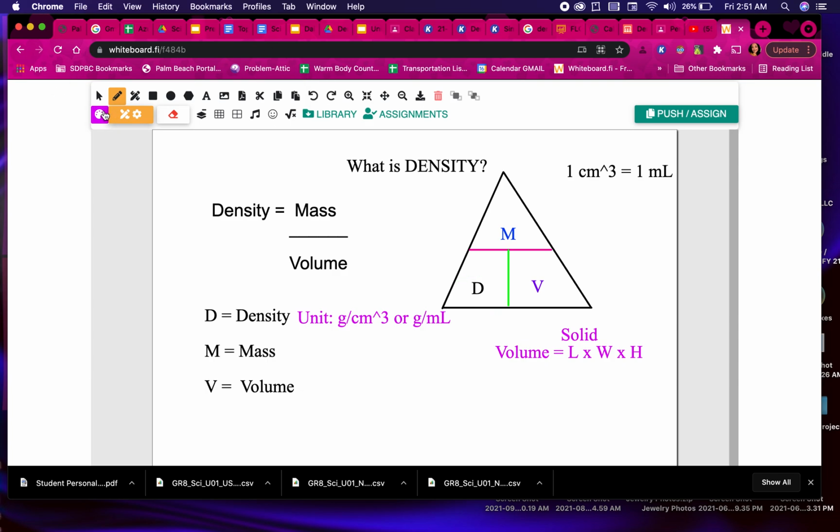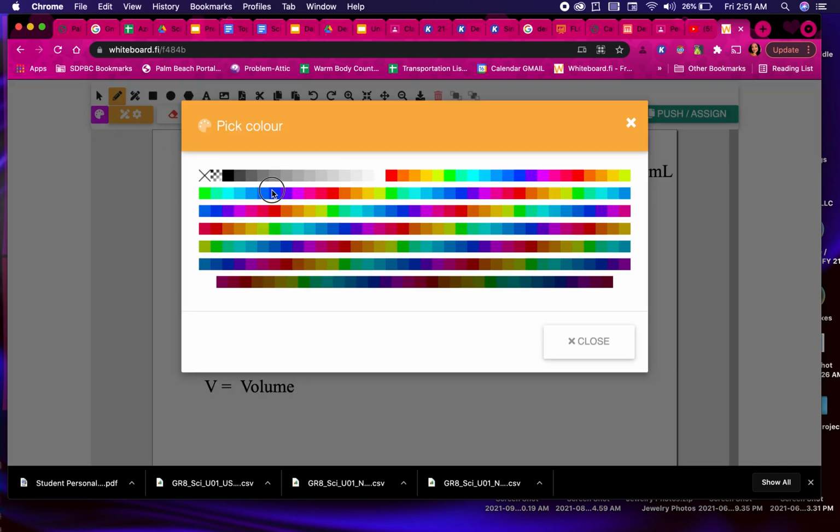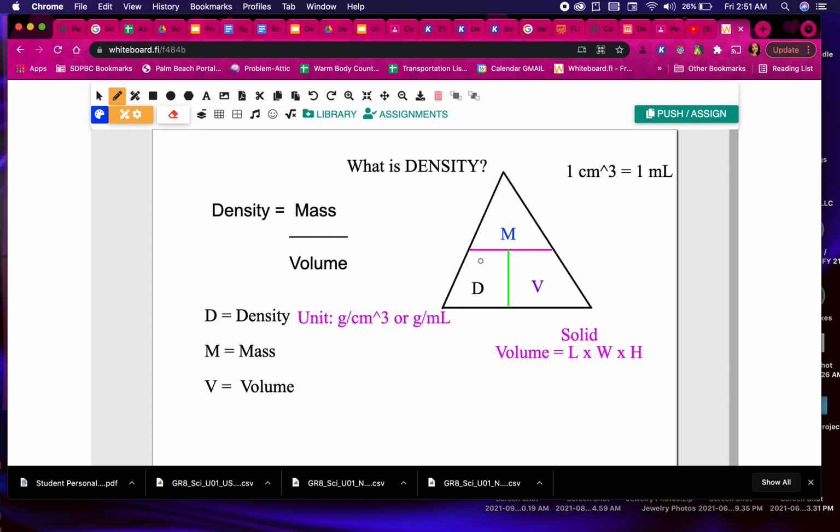However, if they give us our original, which is they give you your mass and they give you volume, and you have to find density, then you take the mass and you divide it by the volume. And that is essentially how you use the density triangle formula.